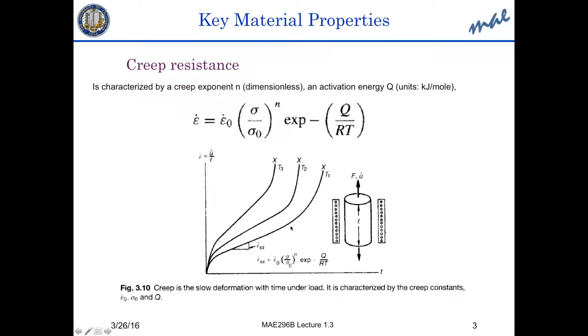But here, the steady state creep rate is generally described by a parametric form in the finite element codes as a constitutive equation. And that form has four constants: epsilon dot 0, sigma 0, which is like a relative strength of the material, the strain rate exponent, or stress exponent, n, which is usually greater than 1, could be 2 to 10, depending on the material, and an activation energy that describes the temperature sensitivity.